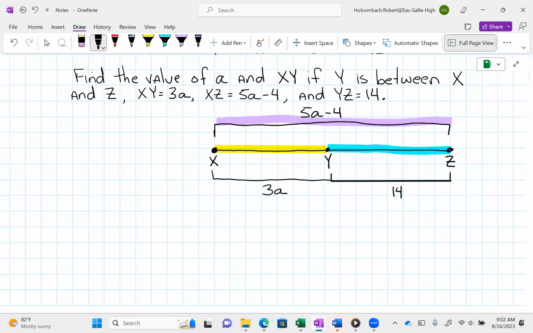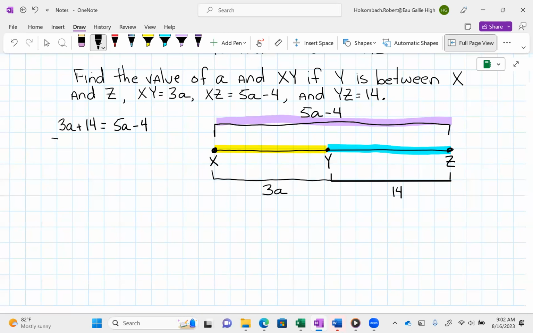We solve for A, and then we substitute to find Y to Z. So our equation would be 3A plus 14 is equal to 5A minus 4. The 3A plus the 14 has to equal the purple, which is 5A minus 4.